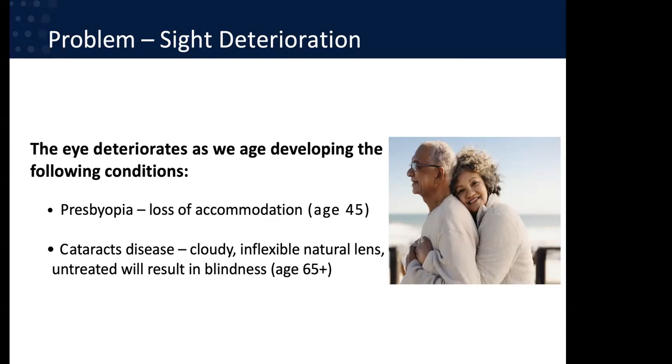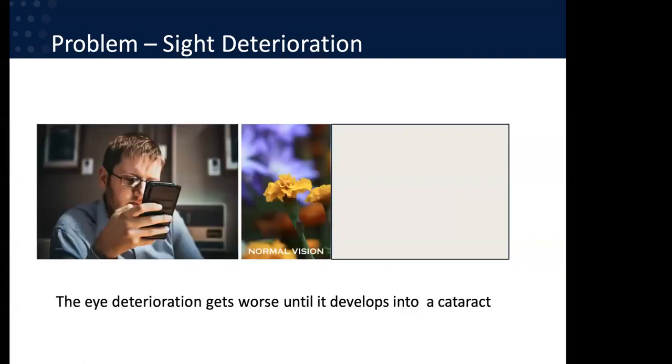If cataracts are left untreated, a patient will go blind, and it is one of the most sought after treatments to cure blindness from a cataract disease state. So we can cure it, and there are a lot of different technologies, which I'll talk a little bit about to cure that, but it is curable.